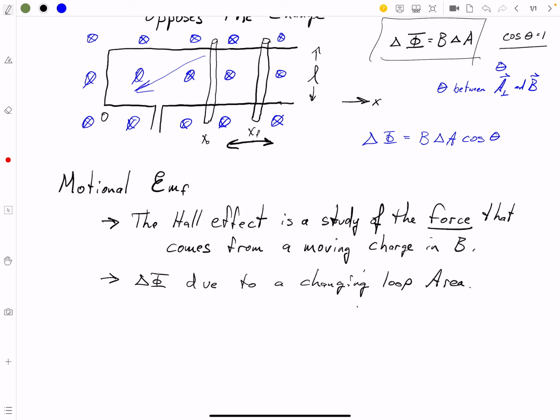It's moving with a certain velocity. So what is the question?